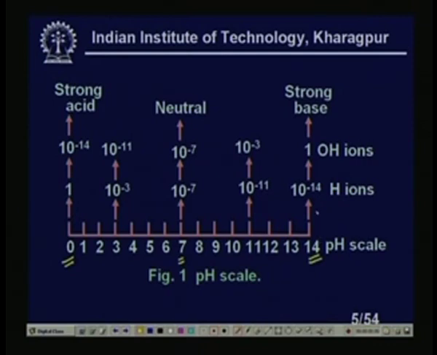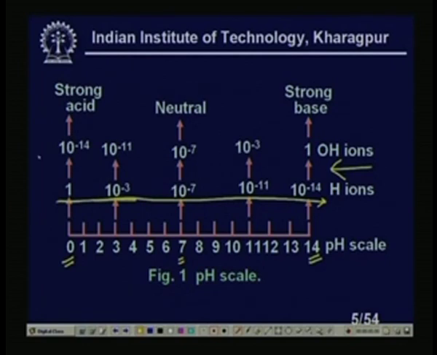Similarly, alkalis like sodium hydroxide and other types of solutions will give you a very strong base. And as I told you, distilled water should have a pH of 7. In this scale, we are showing the hydrogen ions. It starts from 1 to the minus 4. In this side, we are showing the OH ions.